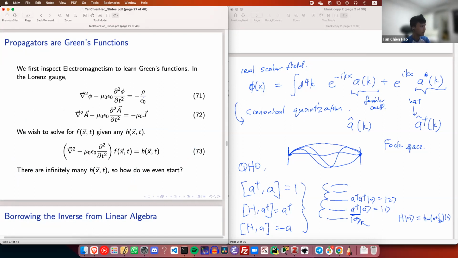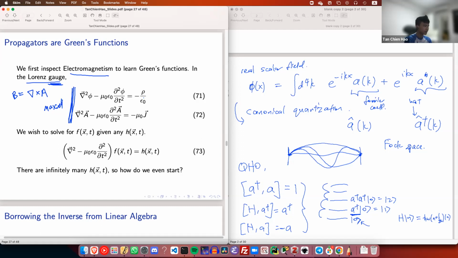So if we have electromagnetism, in this case we're working in the Lorentz gauge. You can check out this equation by searching electromagnetism gauge theory. Essentially, this is Maxwell's equations in the Lorentz gauge.